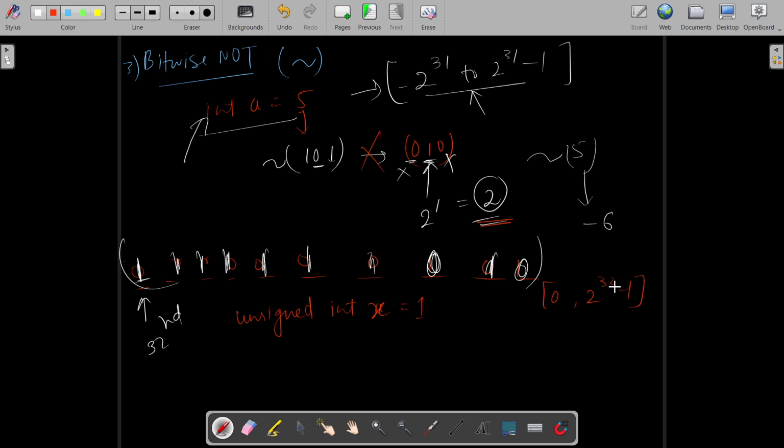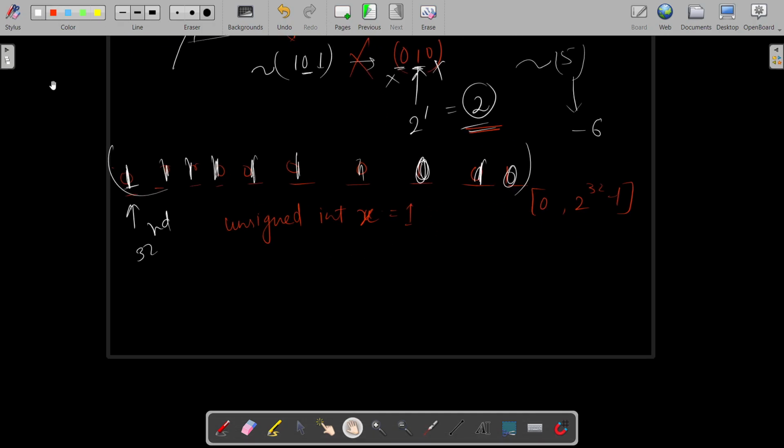Now the binary representation of 1 looks like this. Only the first bit is going to be set, and all the rest of the bits in the binary representation are going to be 0, till the 32 places. Only the first bit is going to be 1.